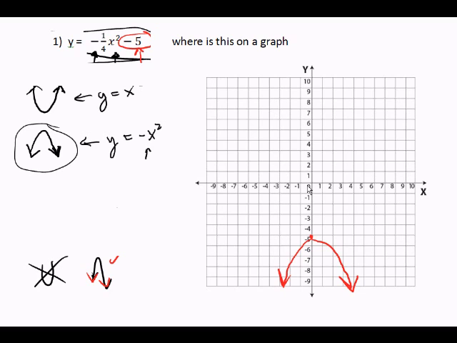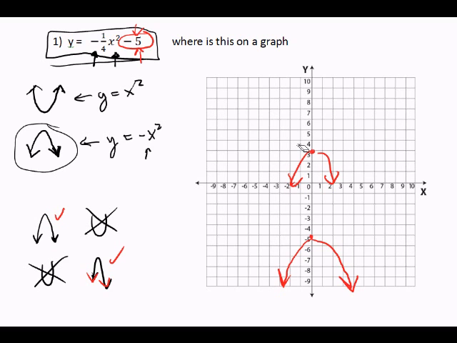On this problem on the quiz, all you have to do is pick the correct graph. Now, if there are a couple graphs that go down from the negative 5, your problem's not going to be exact. A minus 5 puts it at negative 5. If this number was a plus 3, your graph would be over here at the plus 3. I just want to make sure everybody understands that. That minus 5 or plus 3 is where your vertex is on the y-axis.